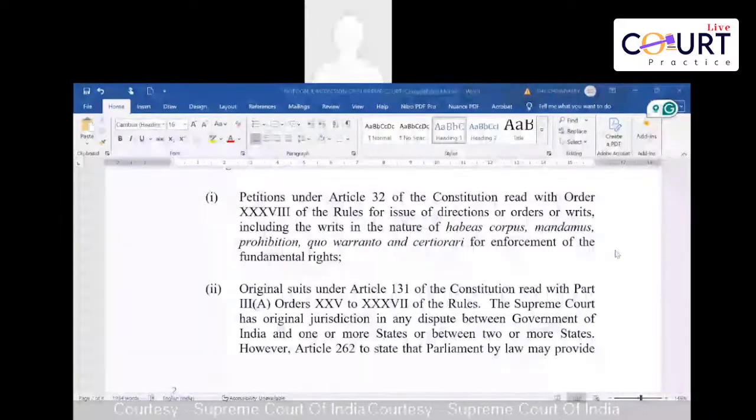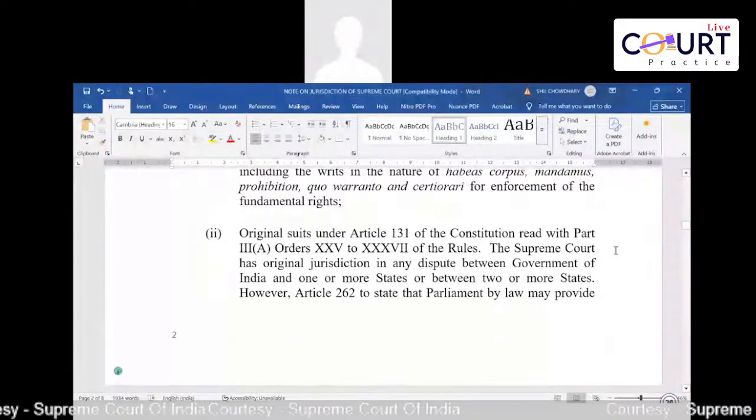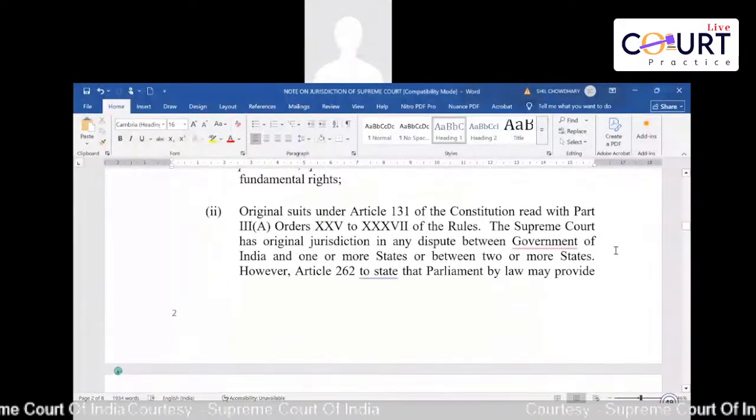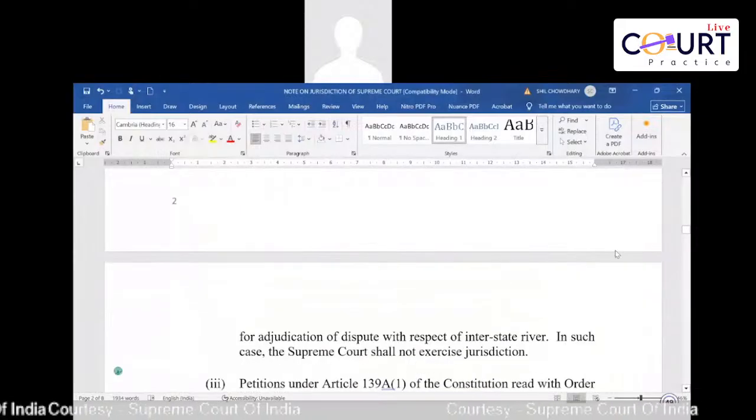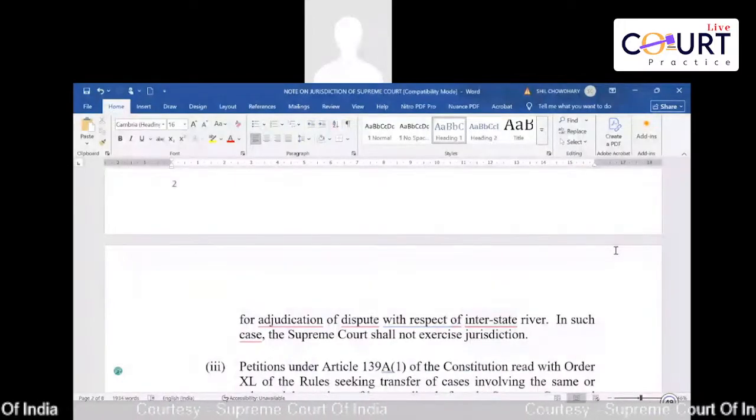There is, however, an exception, that is Article 262, which states that if Parliament by law has provided for adjudication of a dispute with respect to an interstate river, in such case the Supreme Court will not exercise jurisdiction. So if there is a law enacted by Parliament to decide, for example, the Kaveri water dispute, if a tribunal is set up, then original jurisdiction will not lie.